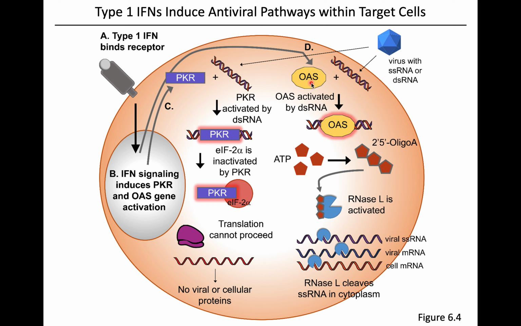The other protein, OAS, is activating this RNase enzyme, and RNases are enzymes that digest RNA. So it basically chews up single-stranded RNAs. This would include cellular messenger RNAs, also viral messenger RNAs, and if you happen to be infected with a single-stranded RNA virus, it would chew up the genome of that particular virus.